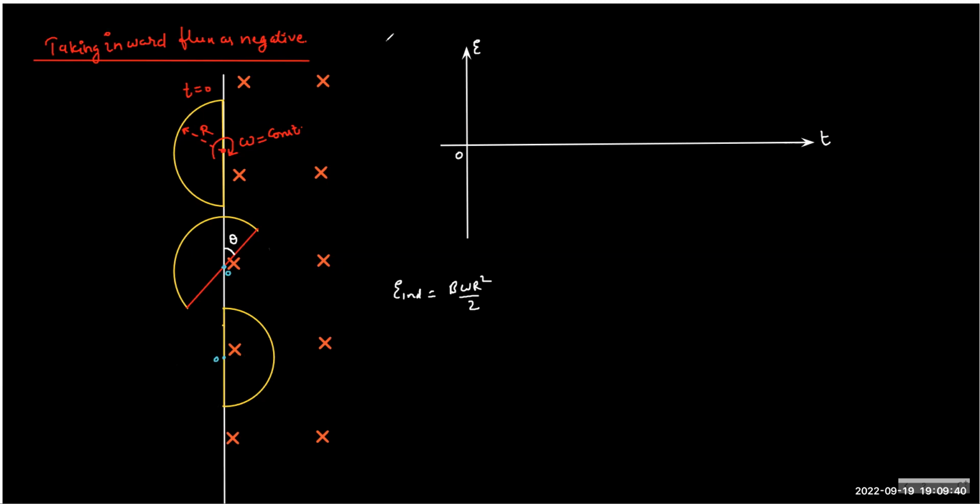So here the graph will be like this: constant, then change of direction, again constant, then change of direction, or you can say sign polarity, then constant, then again.